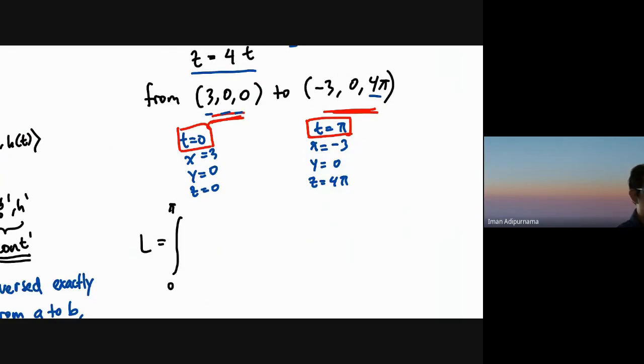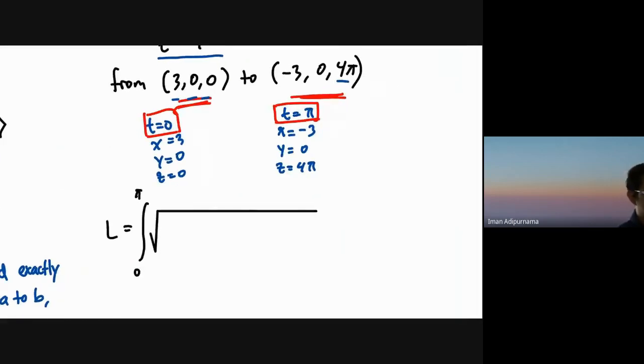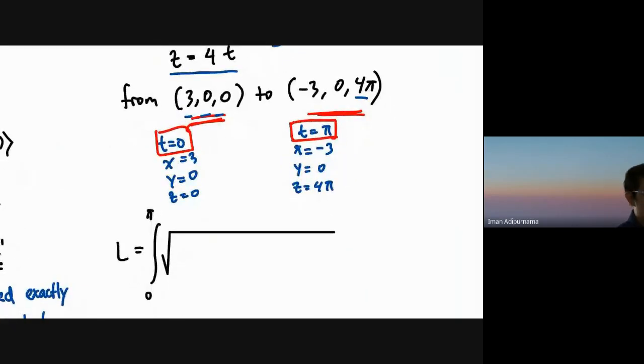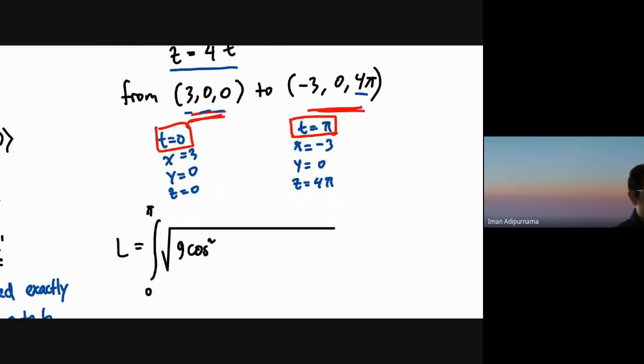So 0 to pi, and take the square root. 3 cos and 3 sin will be 9 sine squared, since cos is derived becoming sine, right? And then squared. And the other one is 9 cos squared t.